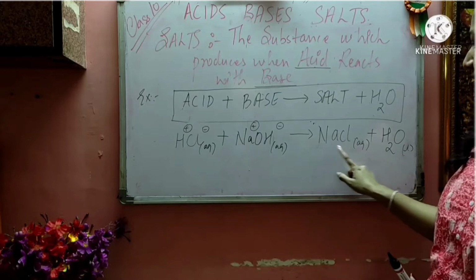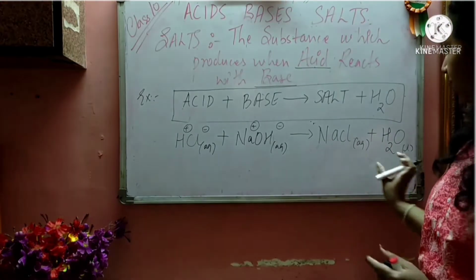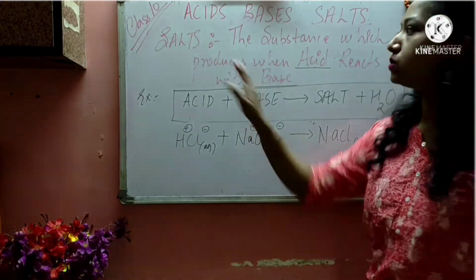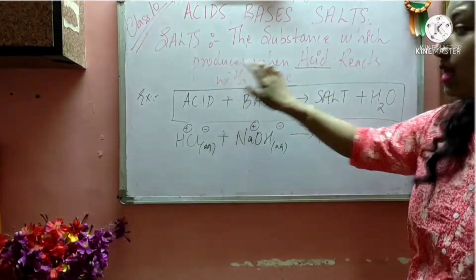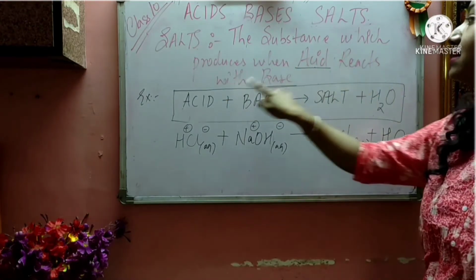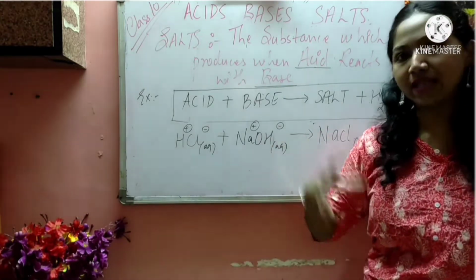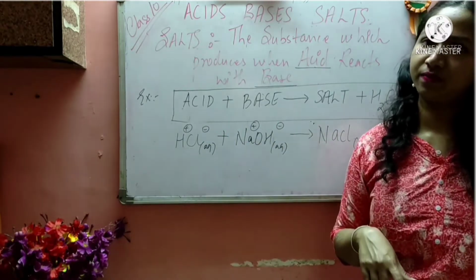Salt is NaCl, which is also in aqueous form, and water. So the substance which is produced when acid reacts with base is salt.